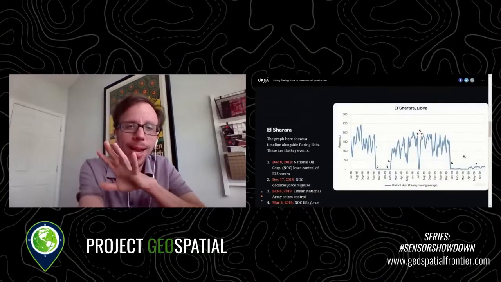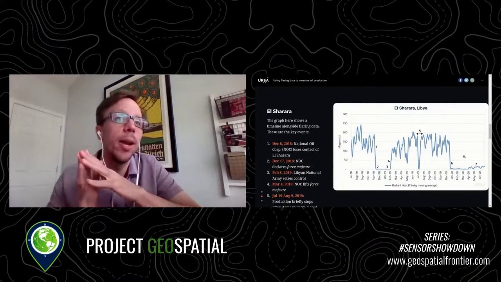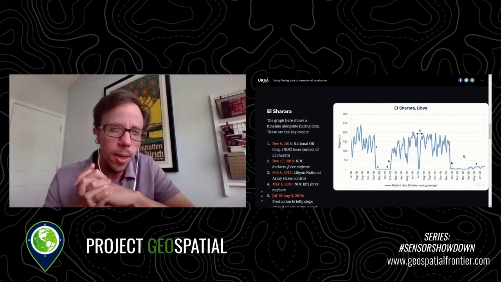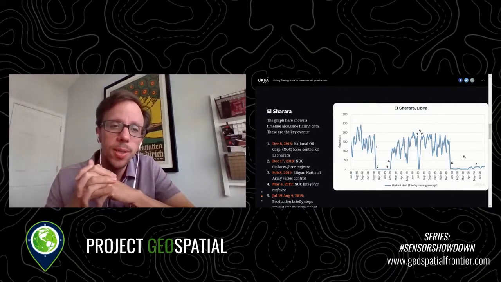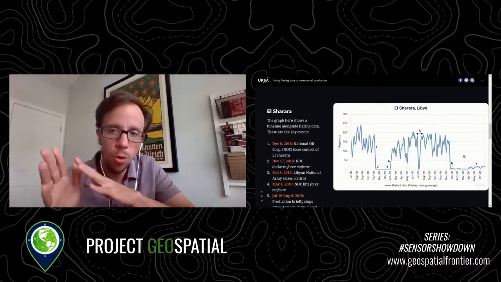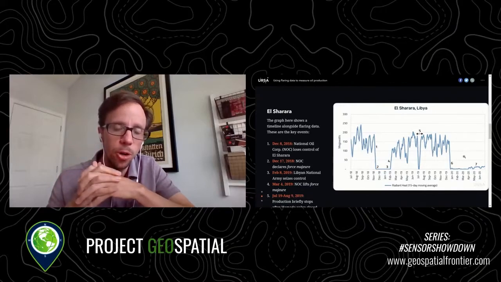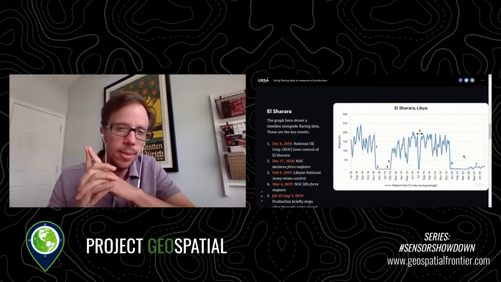When we look at the actual data from the flaring that comes from Al Sharara, we see periods where the flaring drops to zero. This graph is showing flaring going back to July 2018, and we've mashed up different moments in the timeline with known events. What we see is times where the blue line, the flaring, drops to zero.